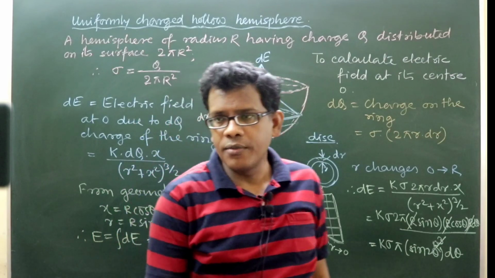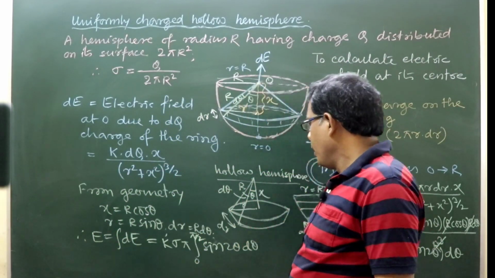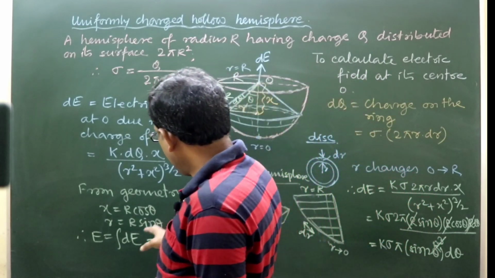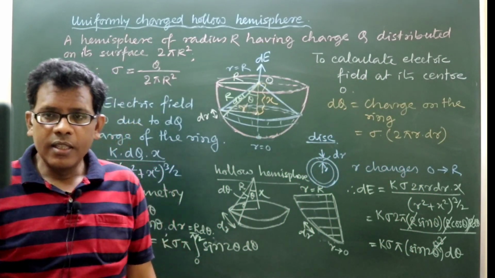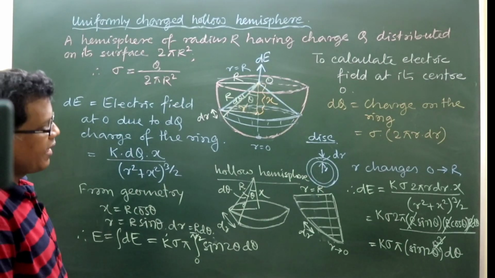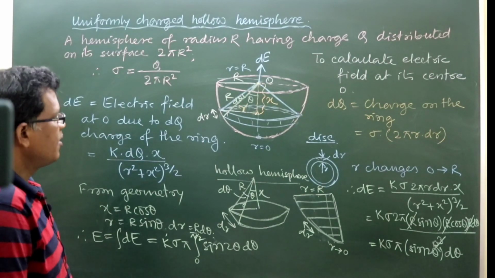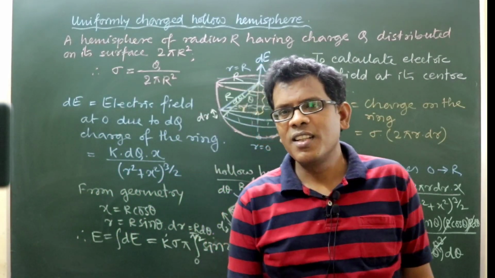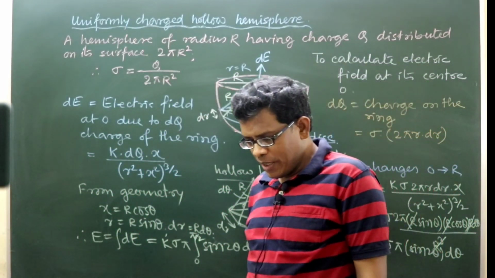So taking the limit of theta 0 to pi by 2, once we integrate sin 2 theta d theta along with k sigma pi, this will give us the final result of the electric field at the center O of its cross section due to uniform charge on the hollow hemisphere.